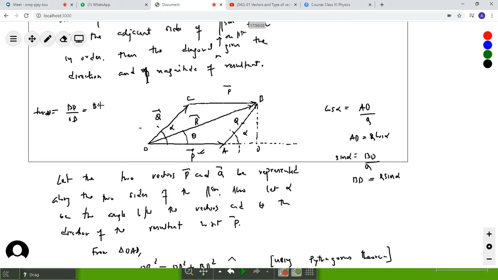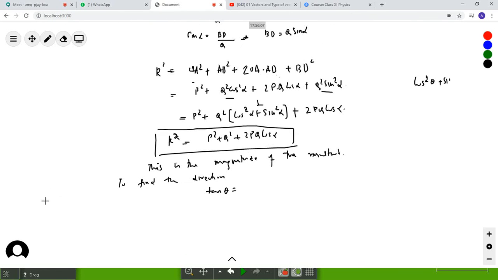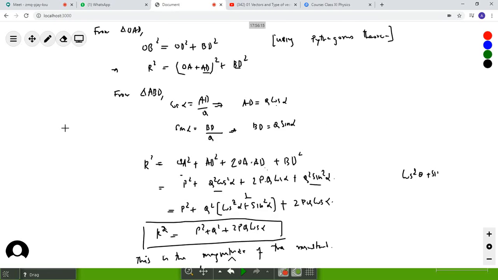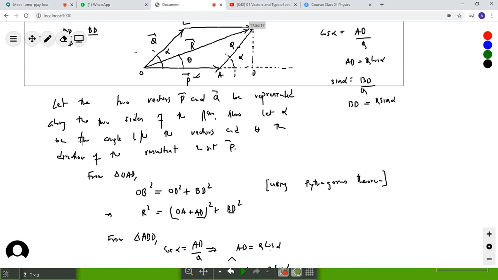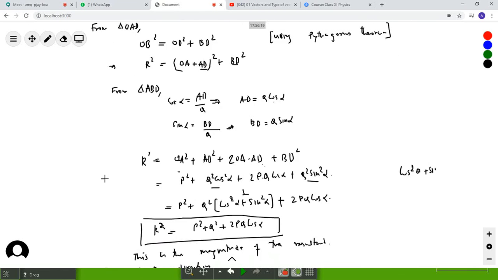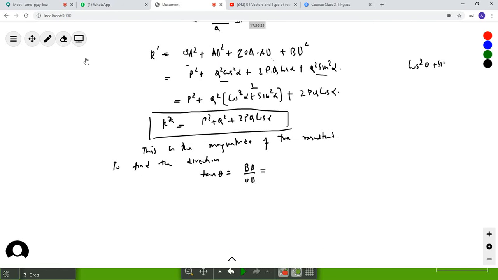So I can write this as BD by OD, or it should be BD by OA plus AD.